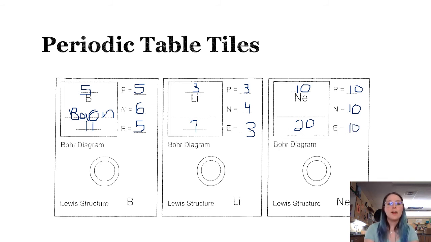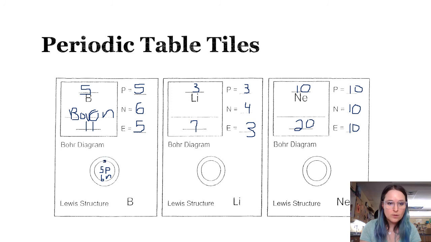To fill out our Bohr diagram, instead of doing dots, I want you to actually write out the number of protons and neutrons. So in boron, we're going to write that we have 5 protons and 6 neutrons. Then we're going to draw out our little electrons here.